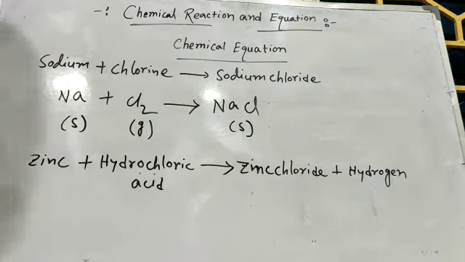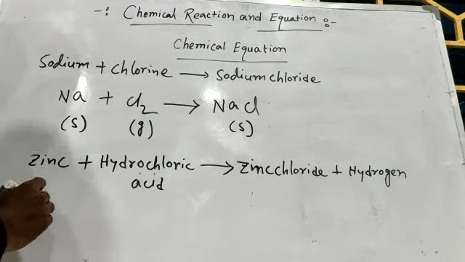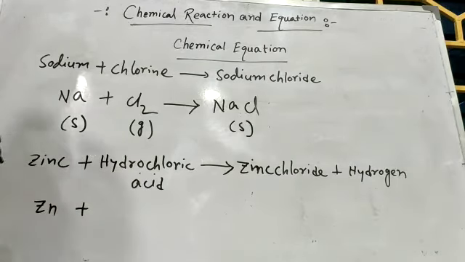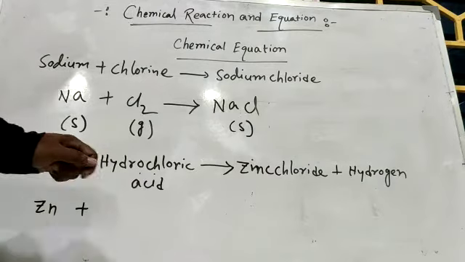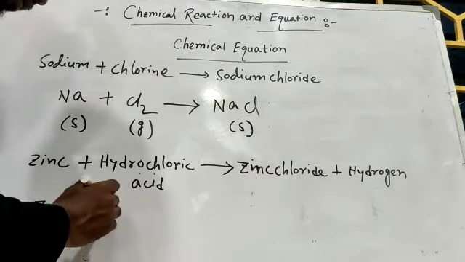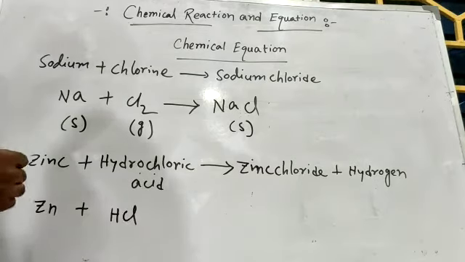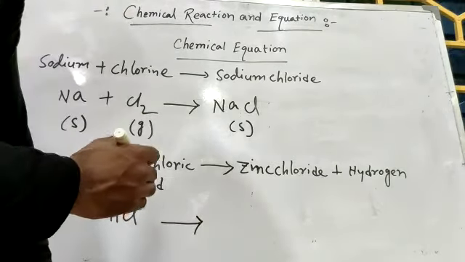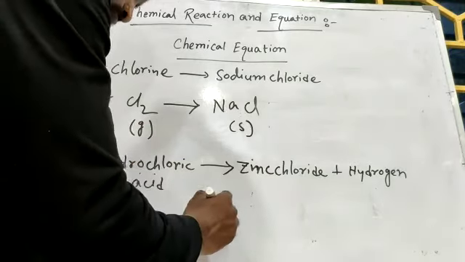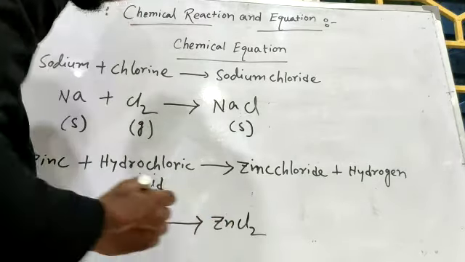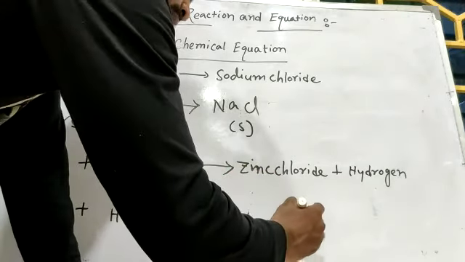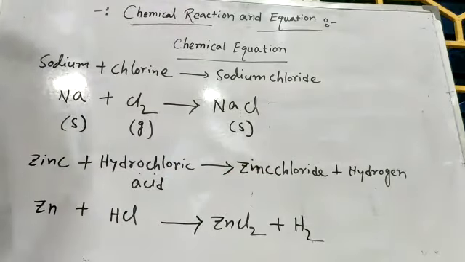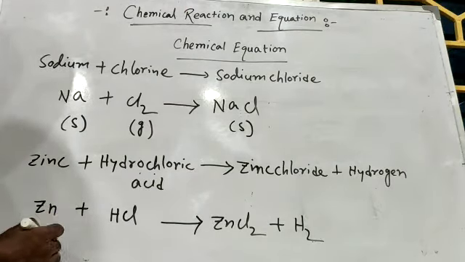We convert it to a chemical equation. The formula of zinc is Zn. The formula of hydrochloric acid is HCl. In this case we used an aqueous solution of hydrochloric acid to form zinc chloride, a water soluble salt. The formula of zinc chloride is ZnCl2, plus hydrogen H2.